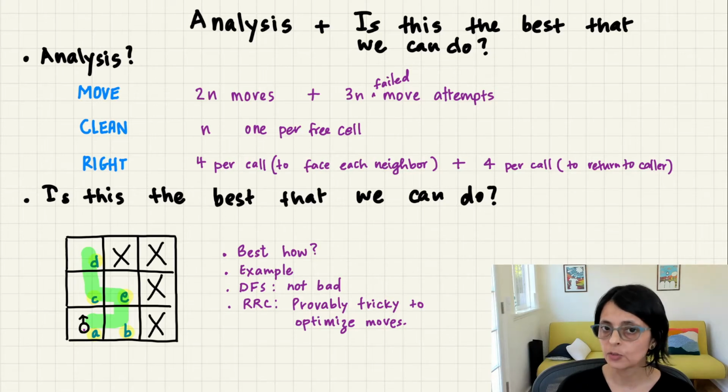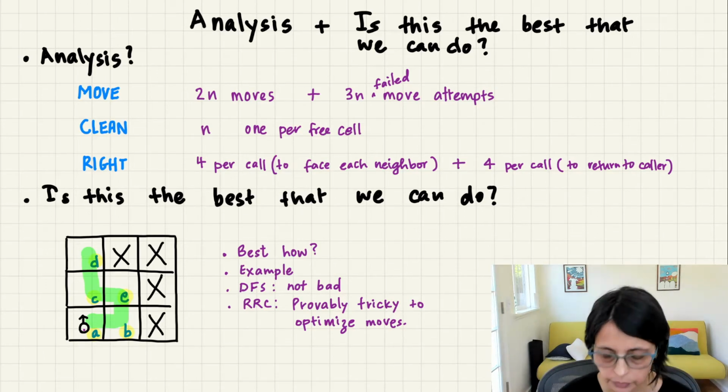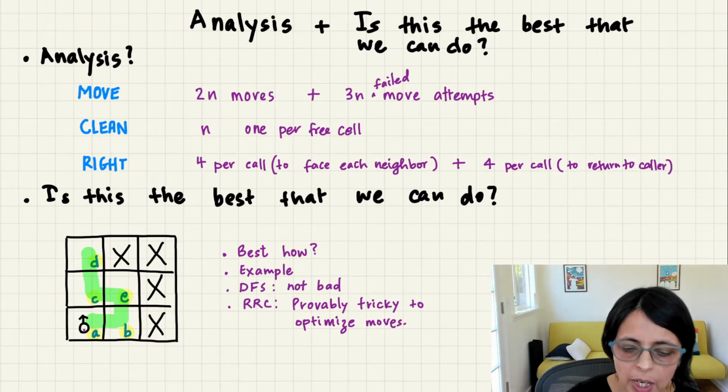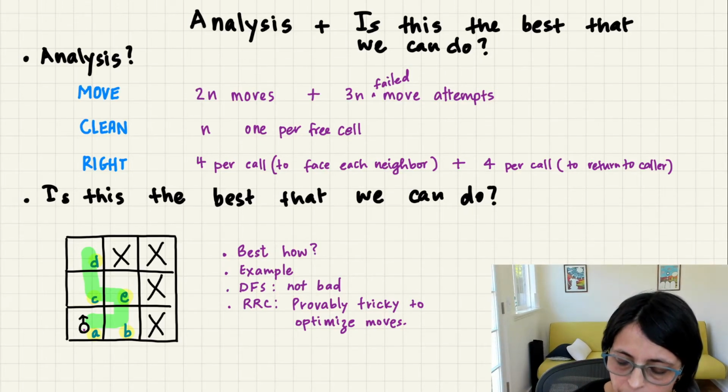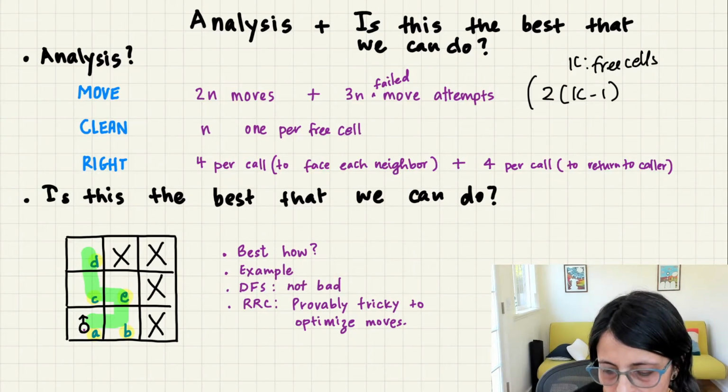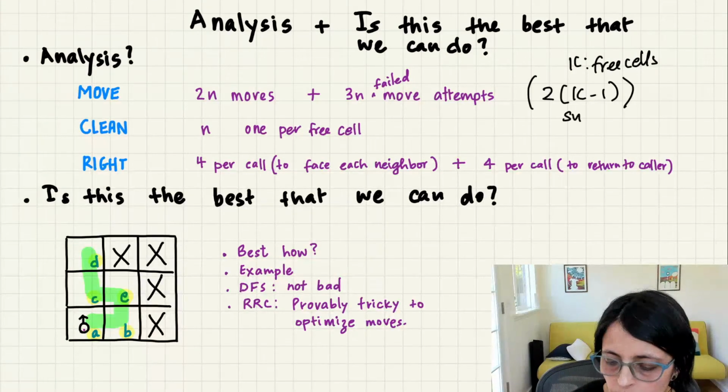If you look at successful moves, the moves that are actually going to happen, that's going to be roughly 2 per cell. To be honest, it's going to be 2k minus 1, where k is the number of free cells. So if you're interested in digging deeper into this, this is how many successful moves we are going to have.